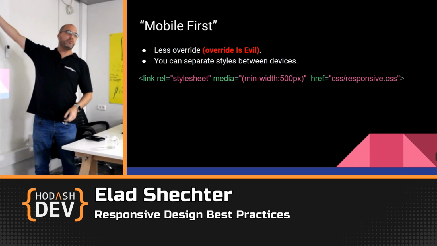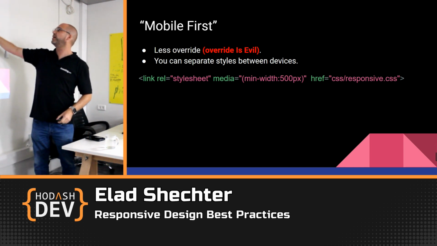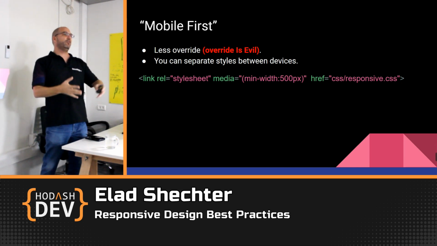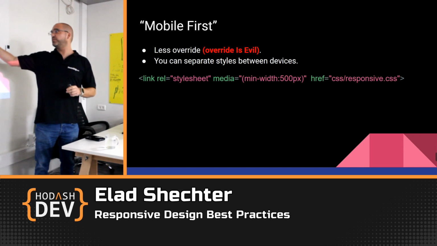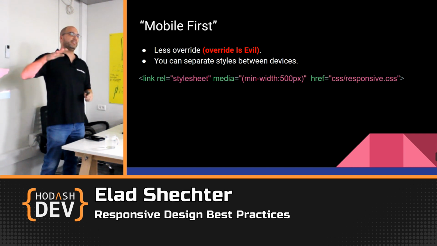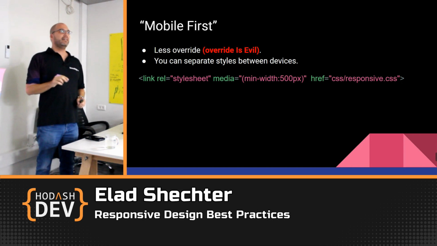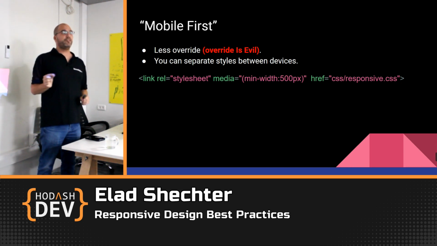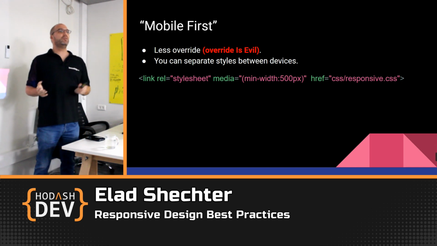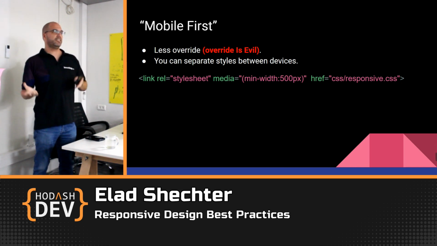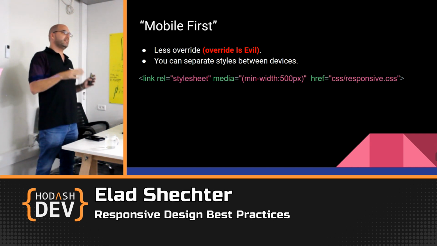For example, the mobile will load only the first file, the tablet will load the second file, and the desktop will load another file. I'm not using this way of loading separate CSS. It's a little bit better for performance, but just a little bit. And for me, the readability of the style is more important. Just because of that, I'm not using a separate CSS file.